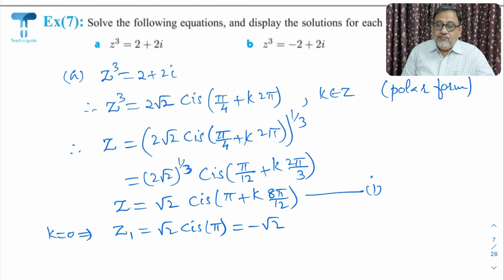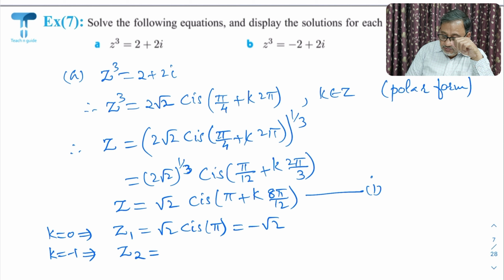But here, look here, I will put minus 1, 0 and 1, because I should make them equally spaced. So no problem, 0 I found now. So I will find k is equal to minus 1.